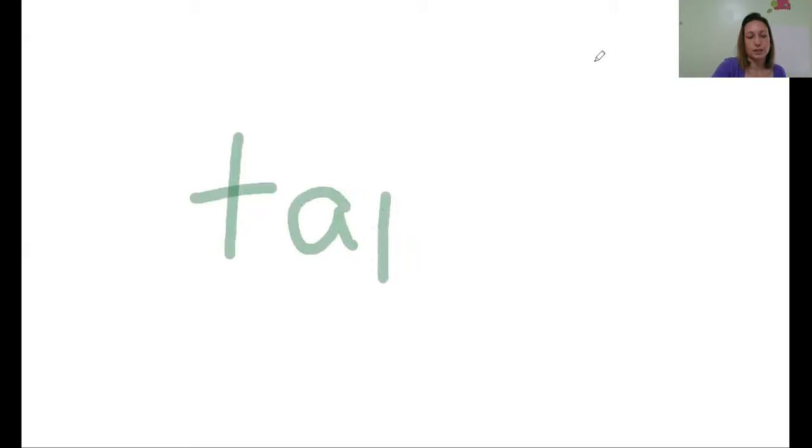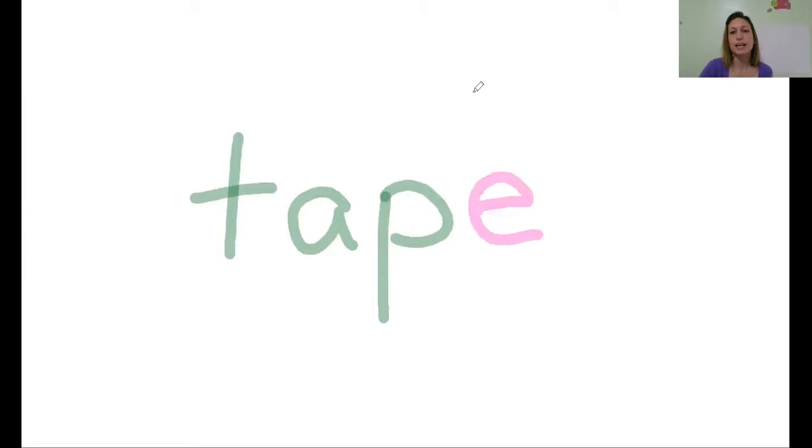This is the word tap. Let's sound it out. Tap. If I put my E on the end, my A now says its name. Tape. My E is silent. My A says its name.